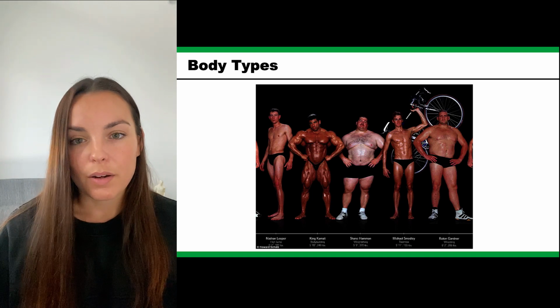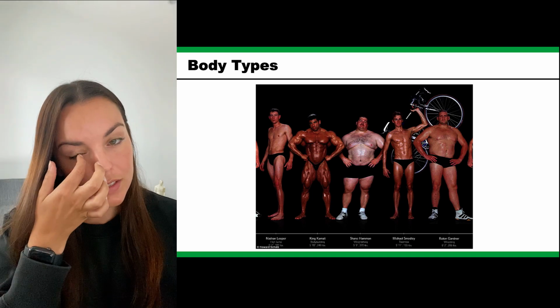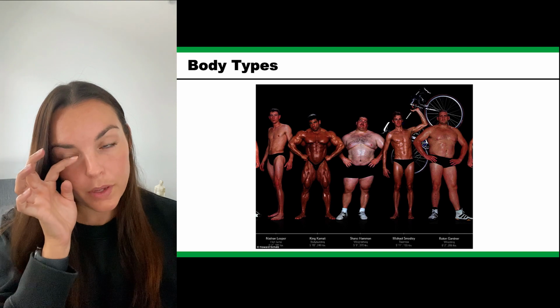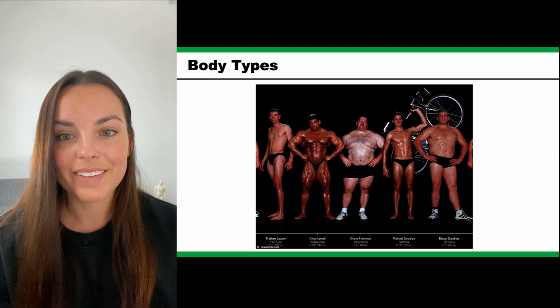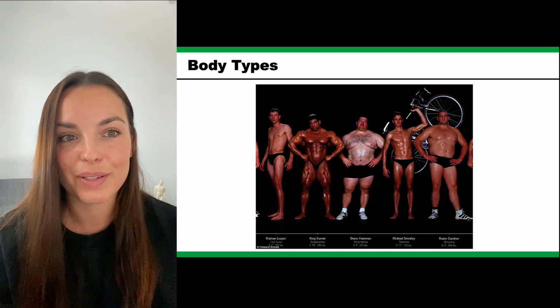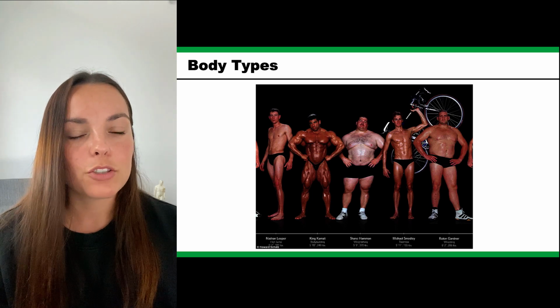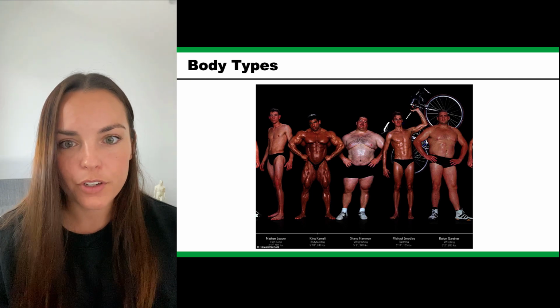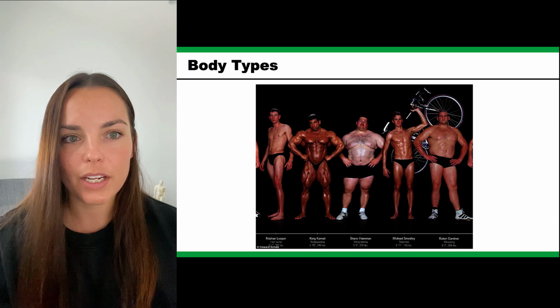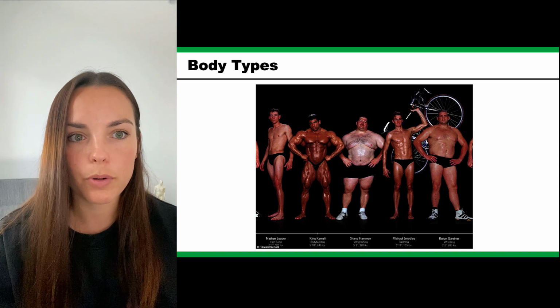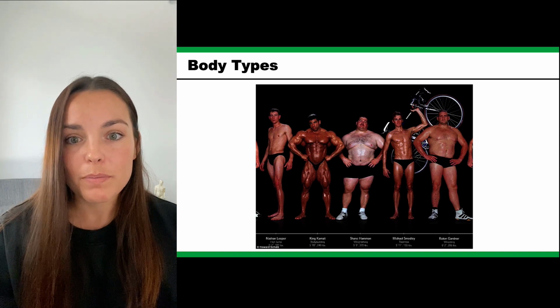Now, these I think are sales tactics from people who are trying to get you to spend money. So there's definitely no diet for your body type. There's no optimal training plan for your body type. But body types are real.